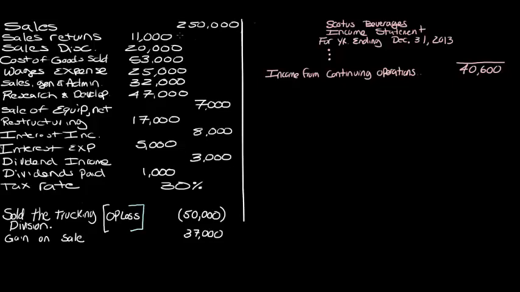So if the trucking division had any sales numbers, it won't be in here. It will be completely extracted out. If the trucking division has any of these expenses, we would have extracted all the expenses out of here, and what we're doing then is reporting all the revenues and expenses for the trucking division in one number. One single number.